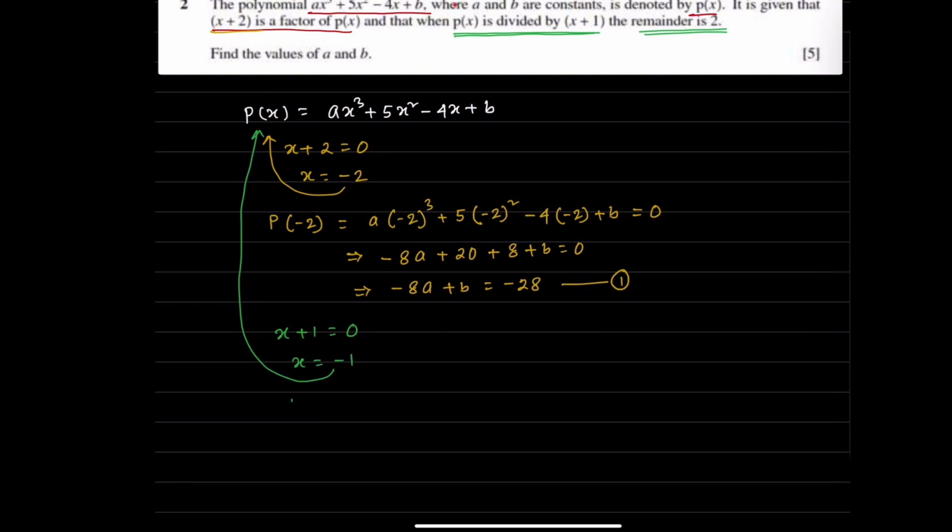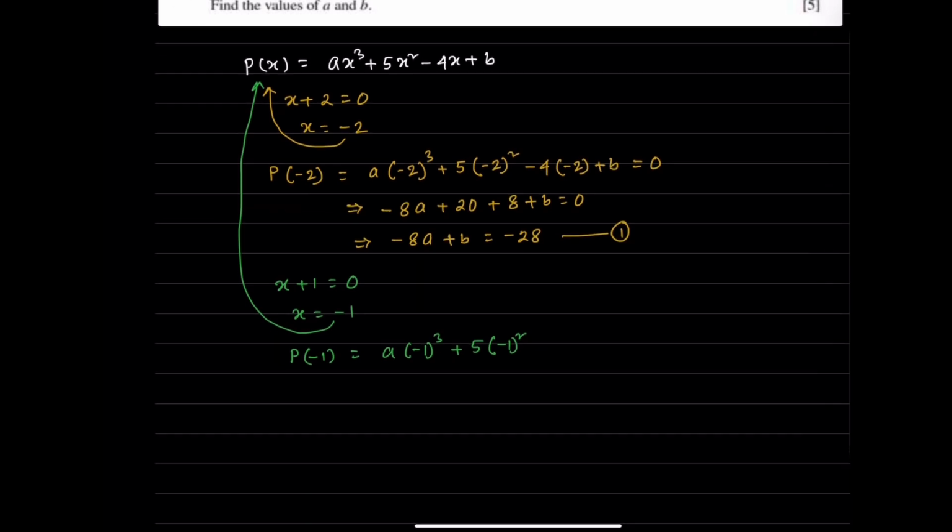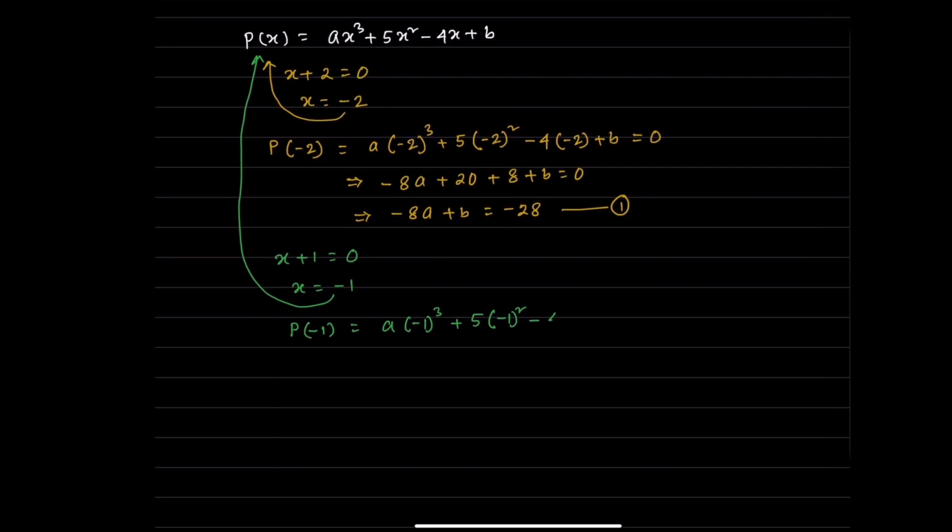We can write p(-1) equals a(-1) cubed plus 5(-1) squared minus 4(-1) plus b. This is the remainder, because when we divide by x plus 1, the remainder is 2. So just put 2 here.